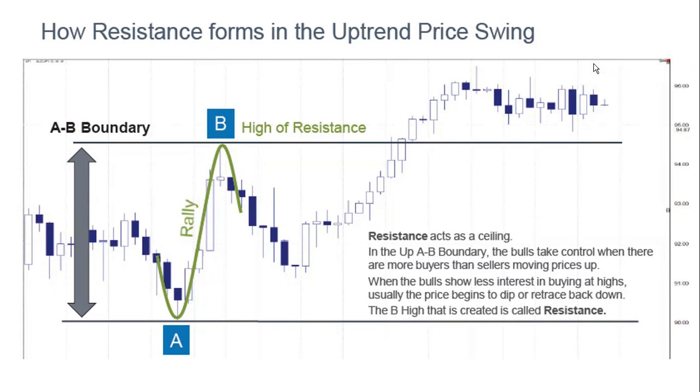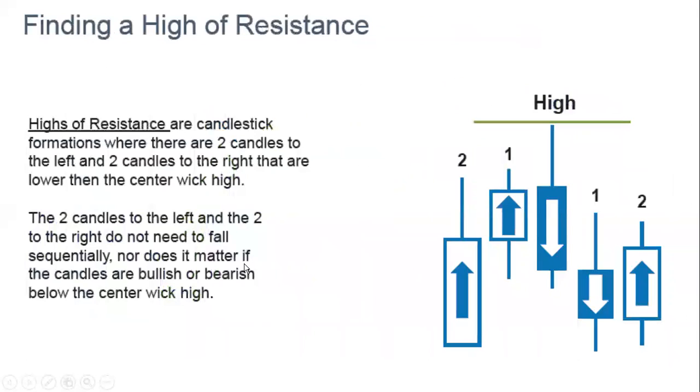The B high that is created is called resistance. So this is a simple ideology, and we will always be looking for C, and this is how the C is formed. And as far as price is between A and B, please take note, we have not changed the movement.